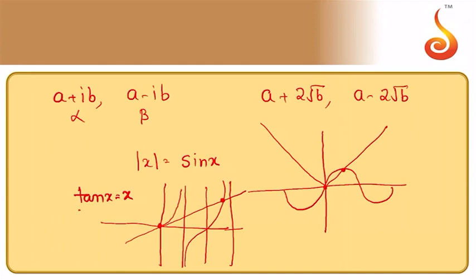In the first quadrant, second quadrant and third quadrant it will intersect, and further depending upon the interval given. Another point, they intersect at 0. Whenever these type of questions are given, you draw the graph of tan x, you draw the graph of x and see where they are intersecting.